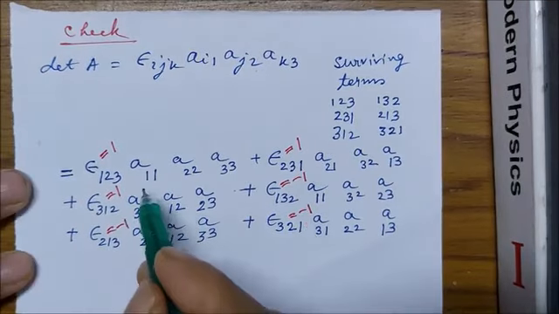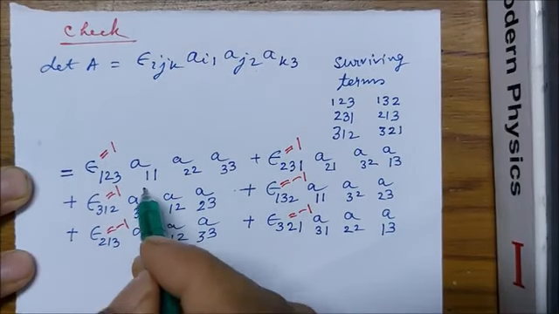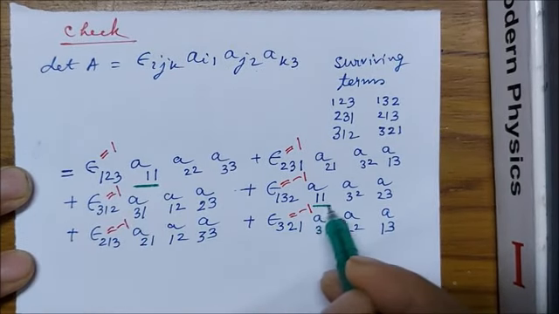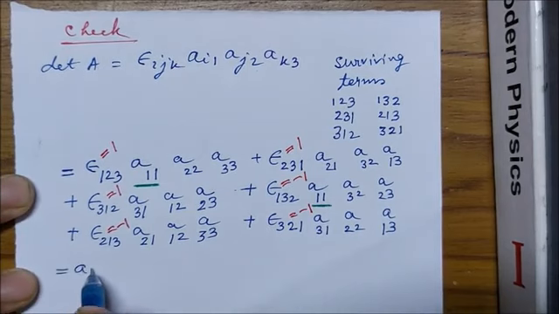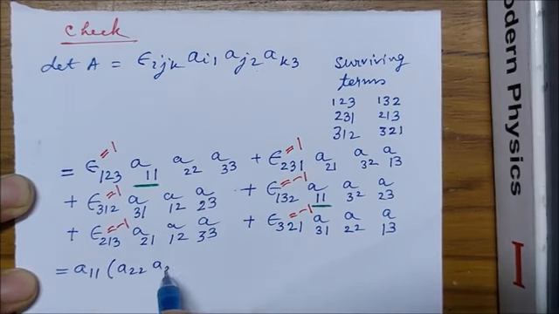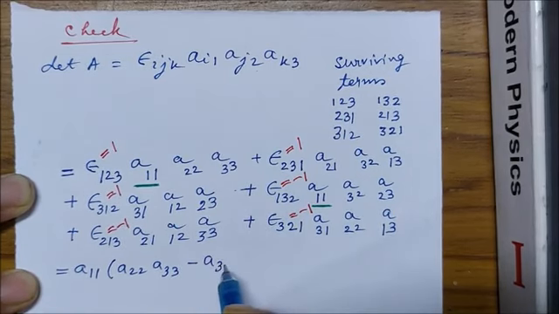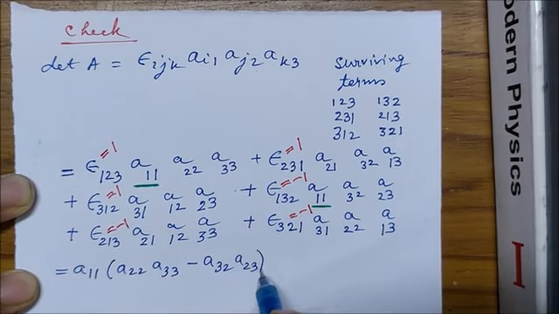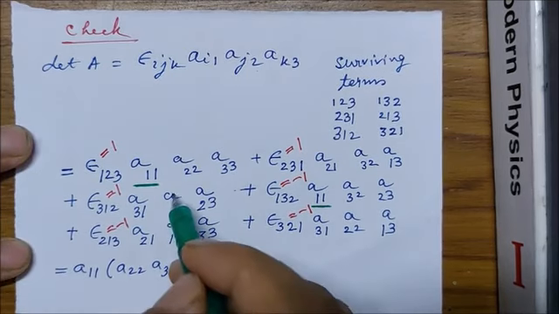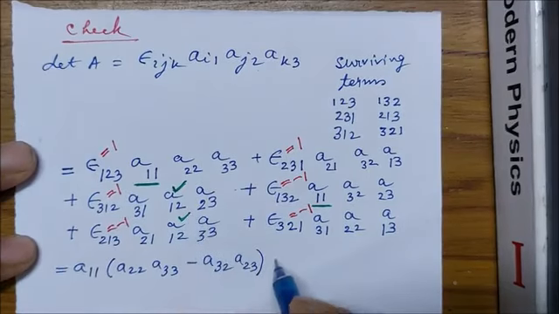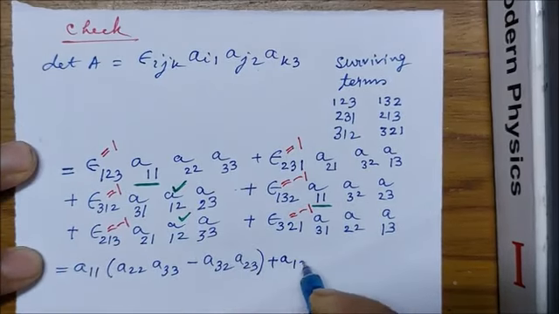We now take A11 common, and A11 occurs in this term as well as in this term, and therefore we can write A22 into A33 minus A32 A23. Let us now focus attention on A12, which occurs here also, and therefore it can be taken common.